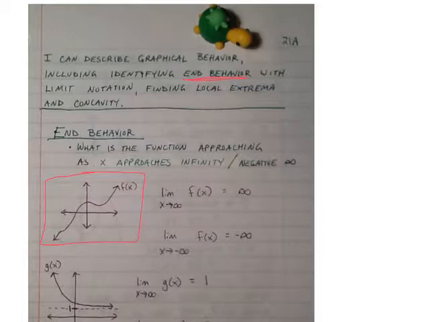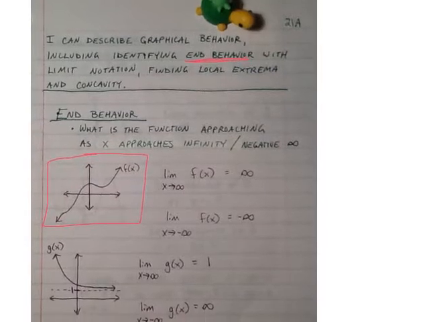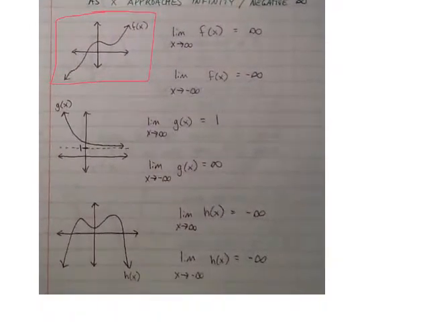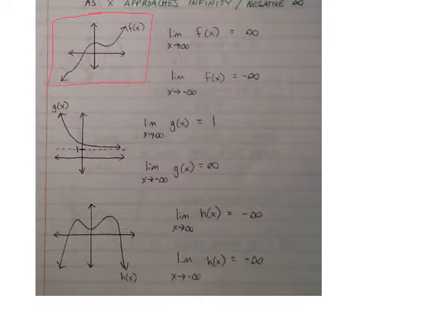Let's take a look at an example that is not infinite. Here we have an exponential curve, and this exponential curve appears to be dropping down and getting closer and closer to the value of 1. So as x approaches infinity, the curve approaches the value of 1.